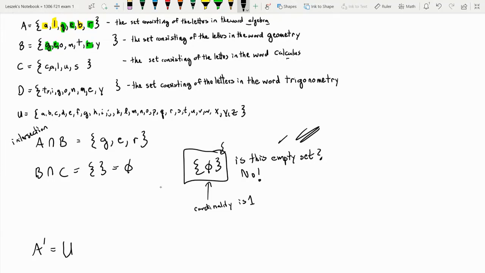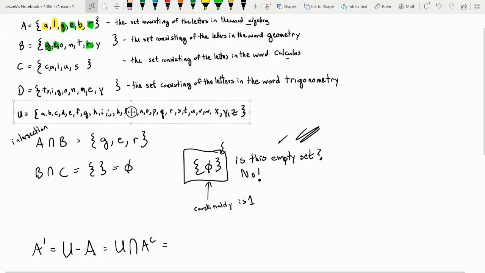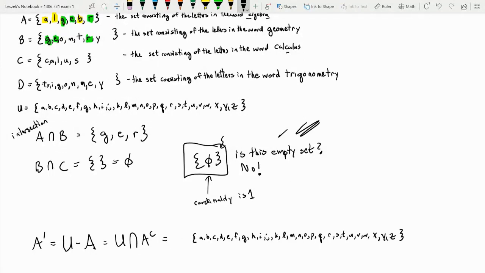So that's everything that's in the universal set but not in A. Also, if you'd like, it's U intersected with the complement of A. All we have to do is take the universal set and take out all the elements that are in A. We want everything in the alphabet but not in set A. So all we have to do is take out the letters in algebra: A, L, G, E, B, R.